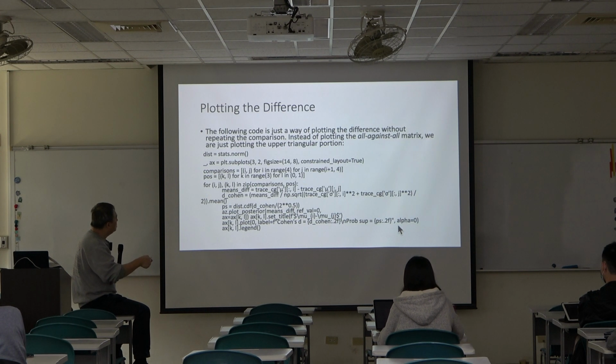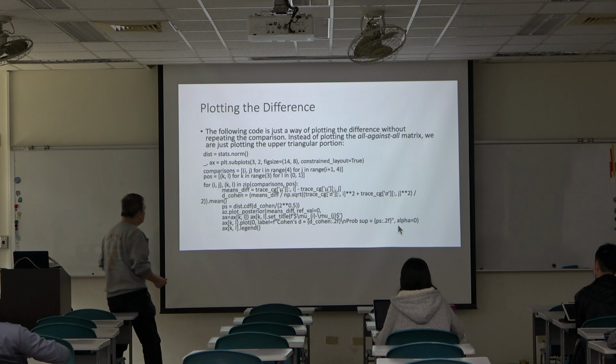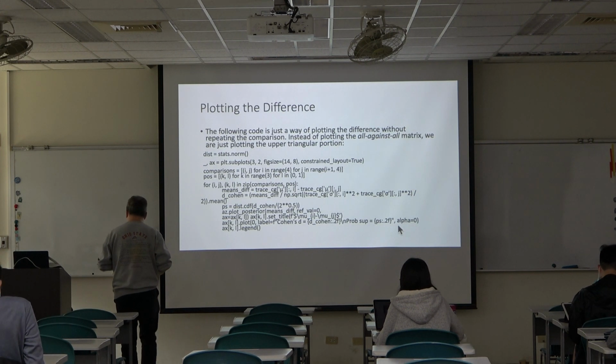So this code is just a way of plotting the difference without repeating the comparison. Instead of plotting the all-against-all matrix, we just plot the upper triangle portion. What do we mean?